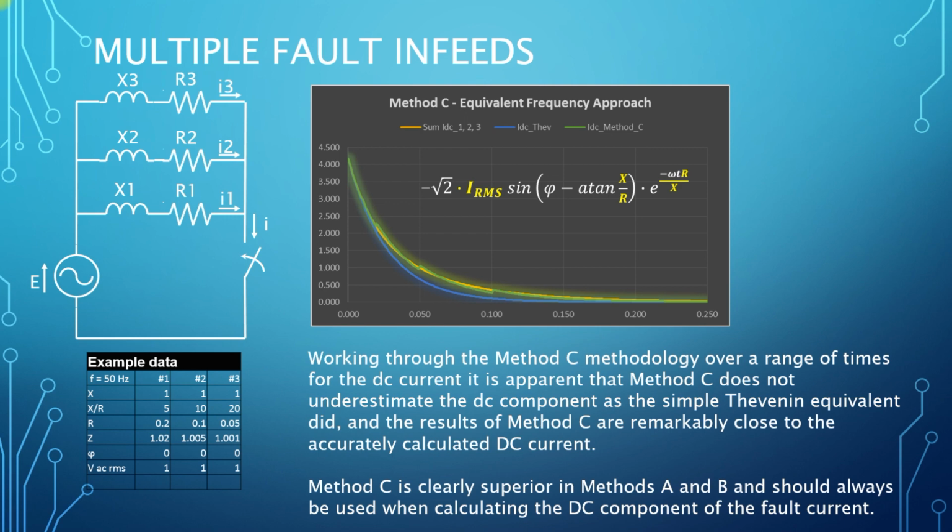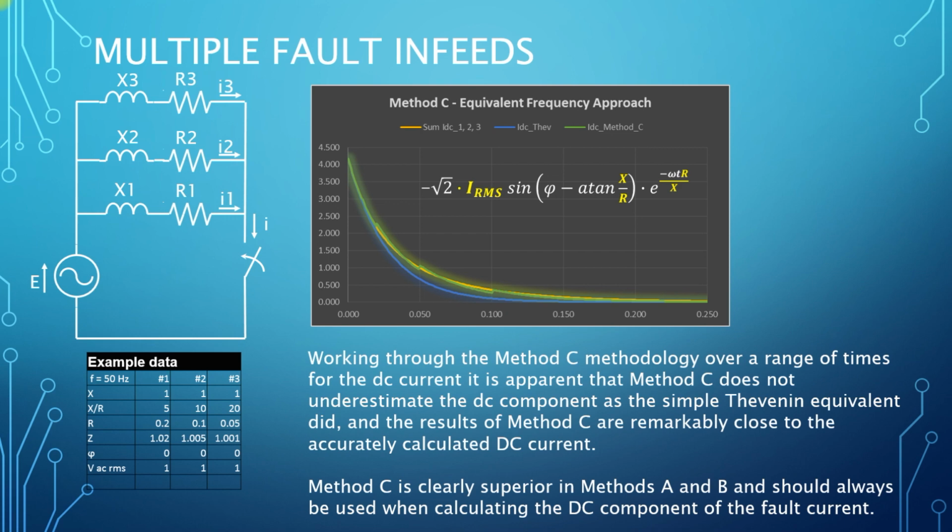Now, of course, normally when we do power system studies, we wouldn't plot out the variation of the current. We would simply select the time of, let's say, 10 milliseconds to calculate the DC component corresponding to the asymmetric peak current, and 50 milliseconds corresponding to the DC component of current at the break time.